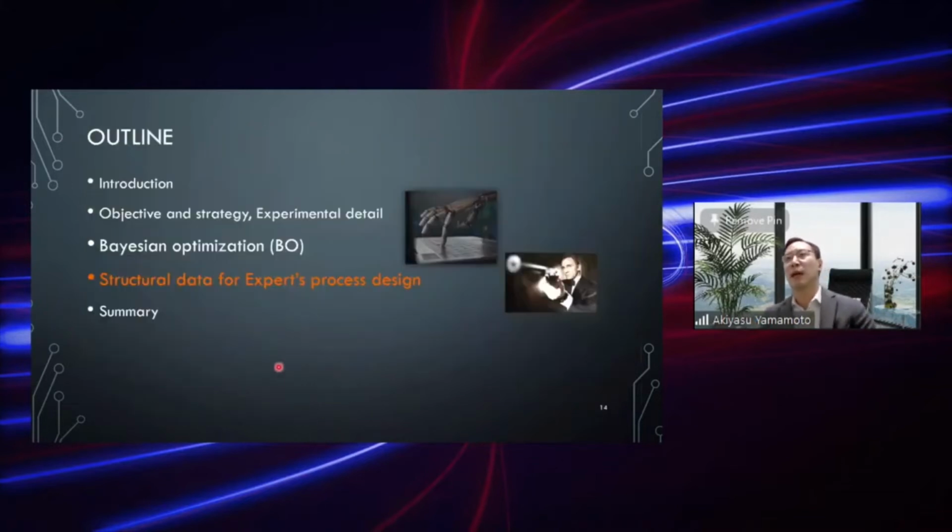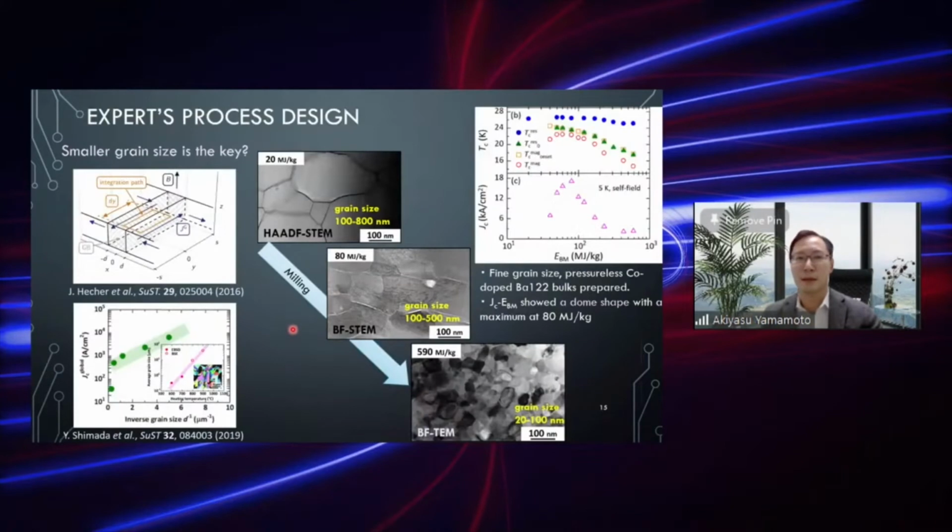Okay, now I would like to move to the second topic. As Michael introduced in the previous session, several groups have reported that smaller grain size would be the key for JC of 122 randomly oriented polycrystalline samples.